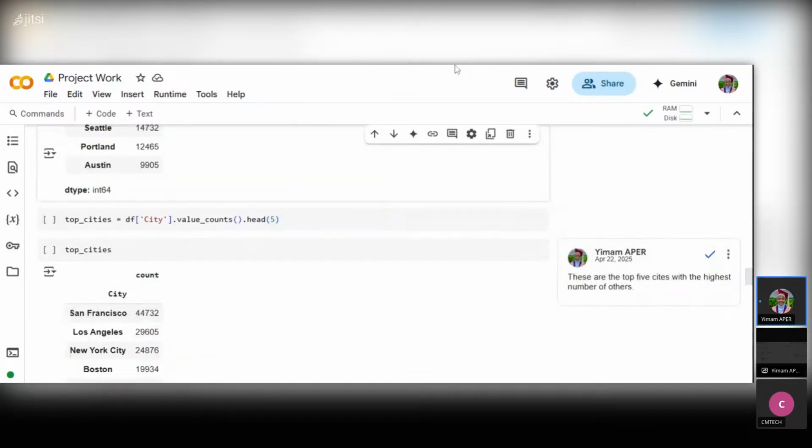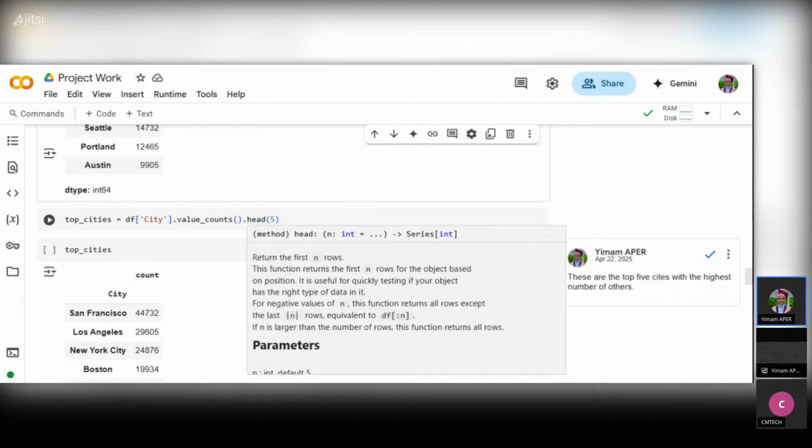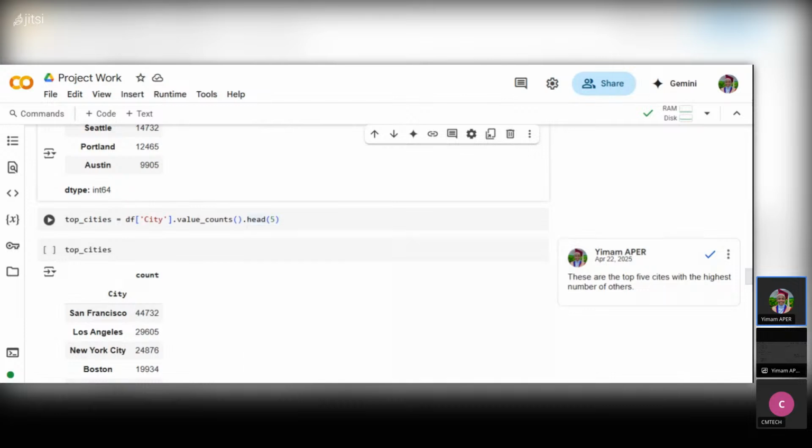I think the next question was going to ask us about the five cities with the highest number of orders. So I printed top cities, DF city value counts, head. The head means it's going to give me five. If I wanted it to give me 10, I would put 10.